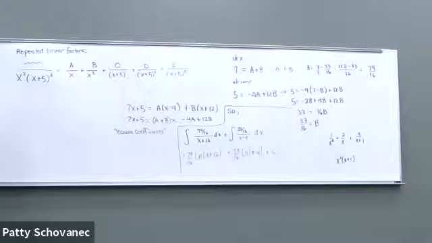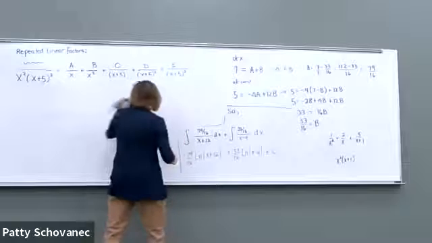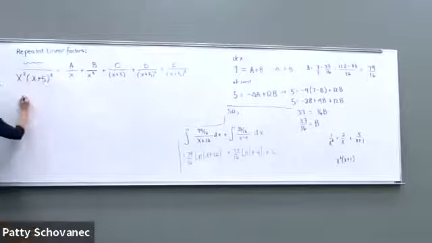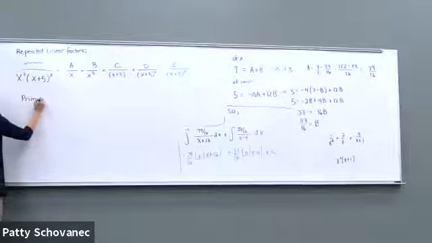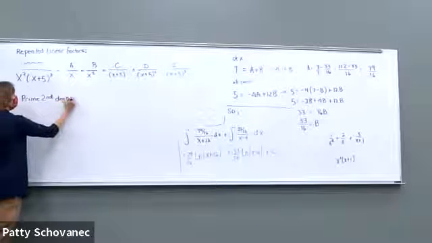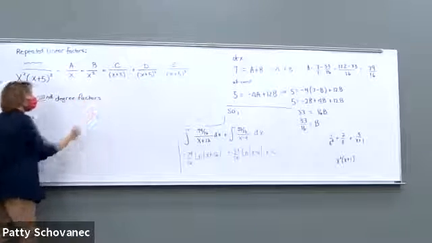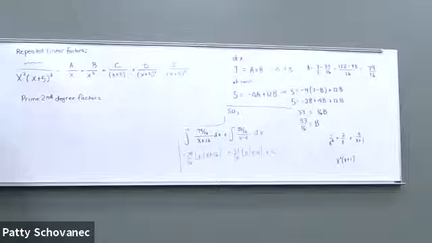Now, sometimes you're going to have a denominator that has a prime second degree factor. Prime means it can't be factored.